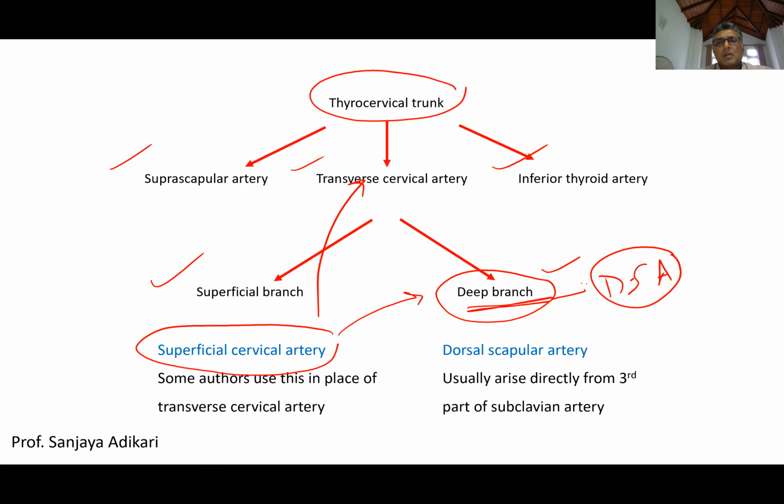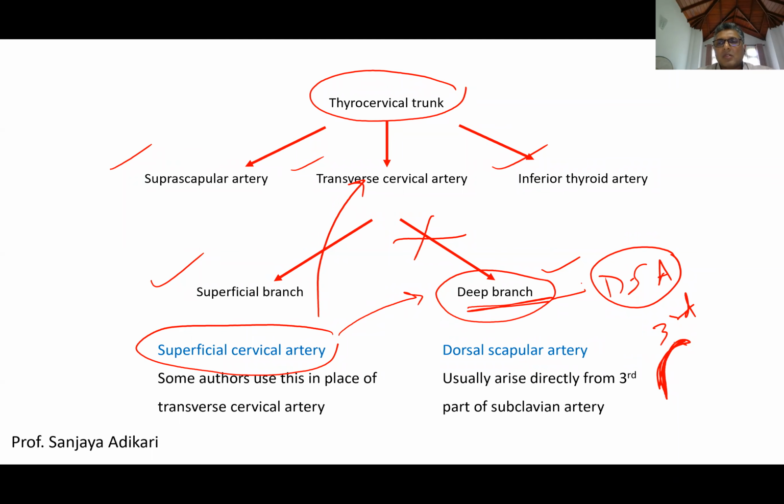I didn't use it in my description purposefully because usually you don't get an artery coming out from the third part of the subclavian artery. It usually is vacant, but sometimes you get an artery coming from the third part of the subclavian artery. When you have that branch, you don't have the deep branch of the transverse cervical artery.